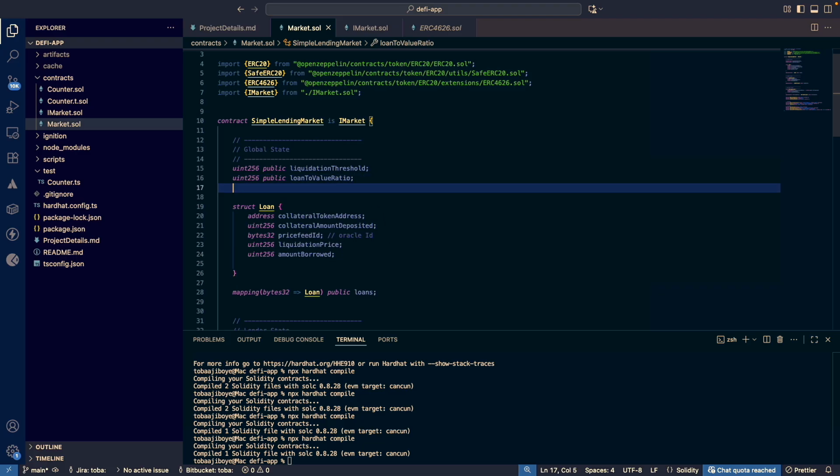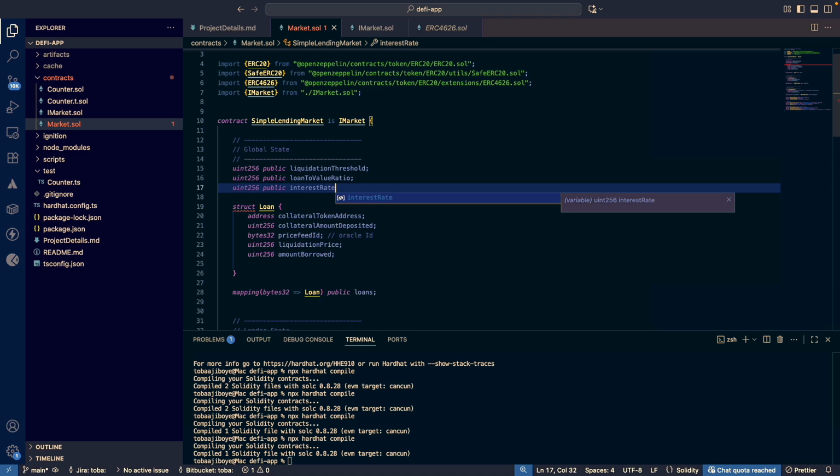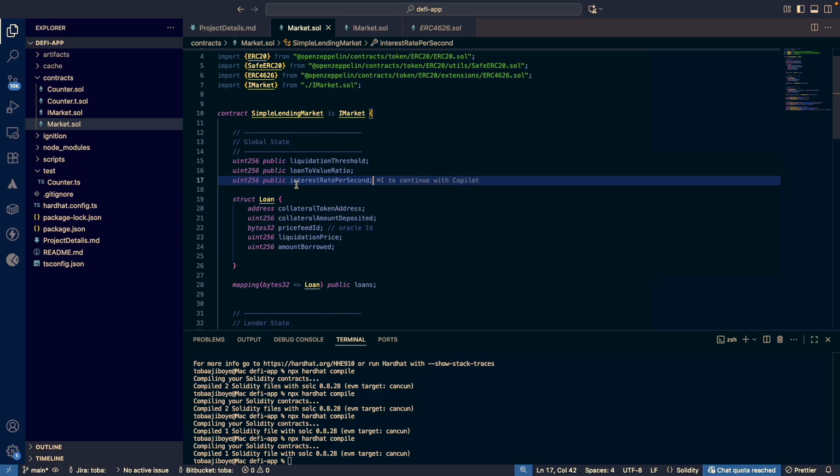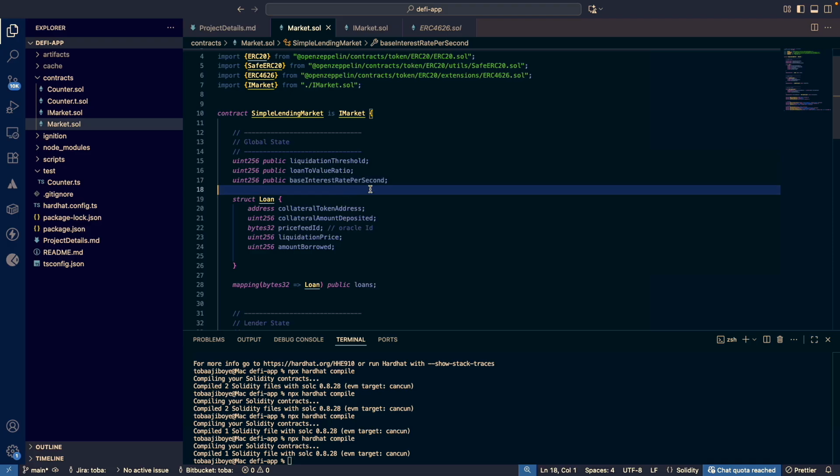So I'm going to say here uint256 public. Let's add interest rate per second, okay? Let's call it base interest rate per second, just in case we decide to add another quantity to vary it.